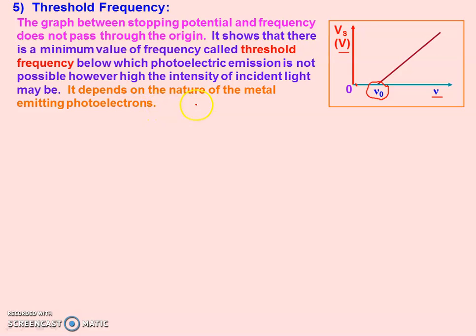It depends on the nature of the metal emitting photoelectrons. These electrons are known as photoelectrons because they are emitted from the metallic surface after getting the light energy. That's why these electrons are known as photoelectrons.